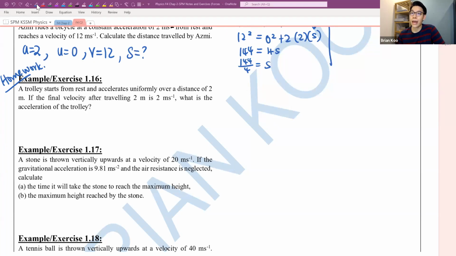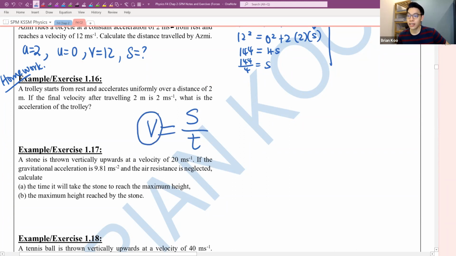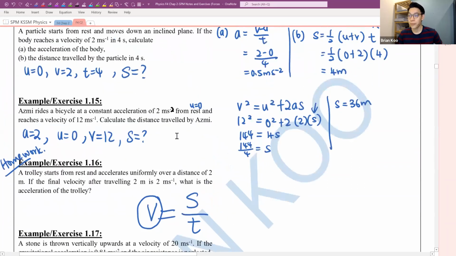Do you remember that at the beginning we learned that generally, velocity, the formula is displacement divided by time. So the question here is, is this velocity also the same as the final velocity that we are doing in this part of the topic?